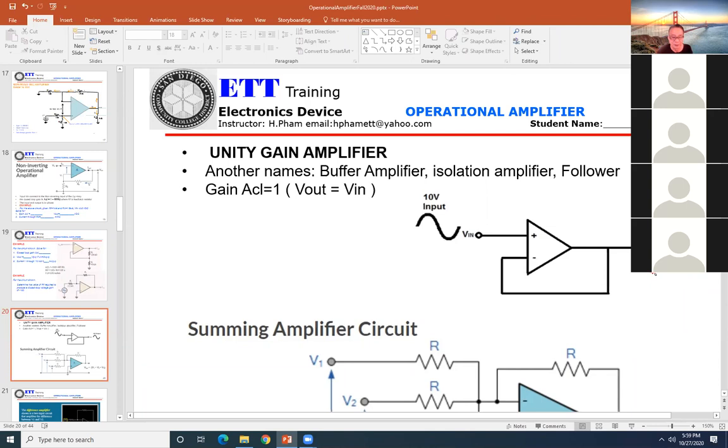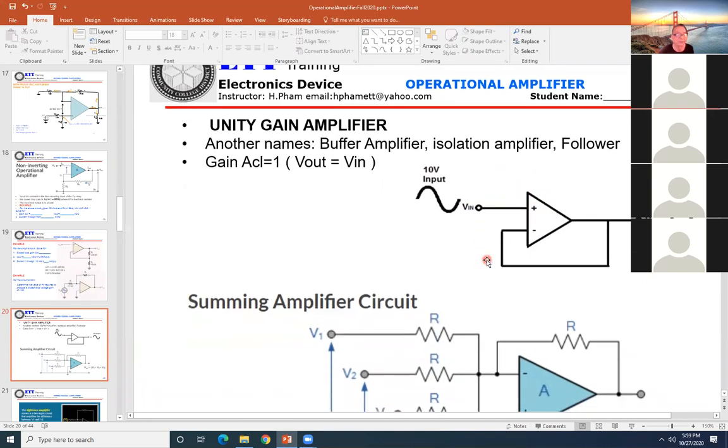However, if you remove the short for a while, it comes back. Without this amplifier, they will cook your circuitry. They will burn in the power supply. That's the isolation and the buffer. And follower means input, output, follower.